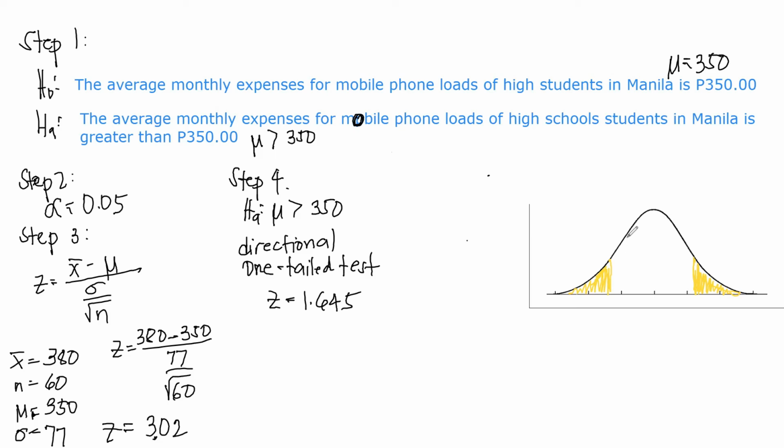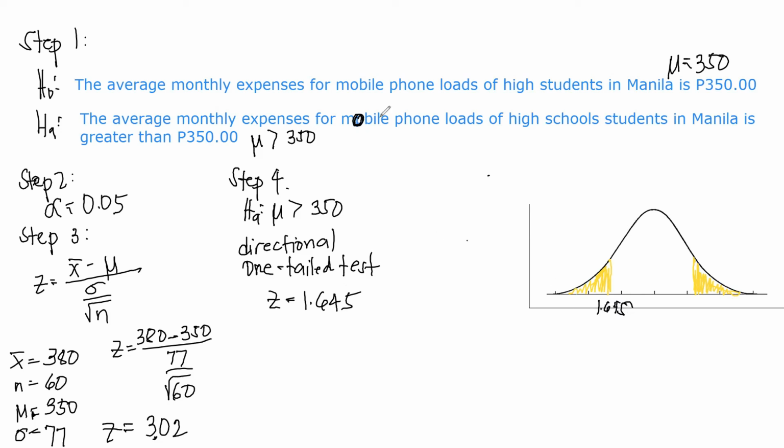In either of these hypotheses, if one is rejected, then the other one will be used as the conclusion. So we have here the critical value, which is 1.645.